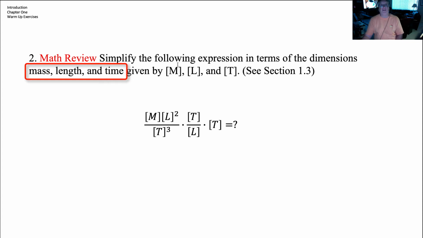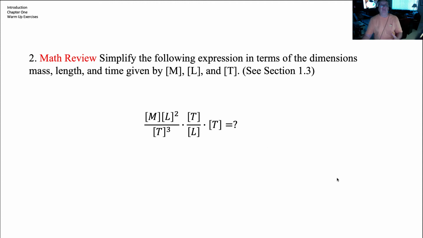So we want to simplify the expression in terms of the dimensional units, mass, length, and time, by M, L, and T. So we have mass, length squared, divided by time cubed. We're going to multiply that times time divided by length, and then we are also going to multiply it times time.